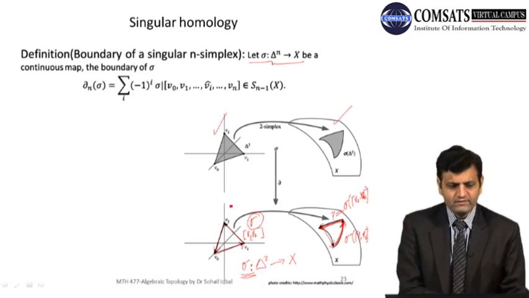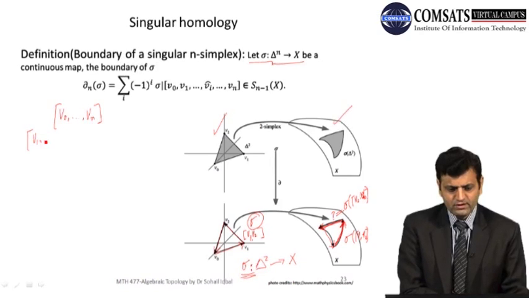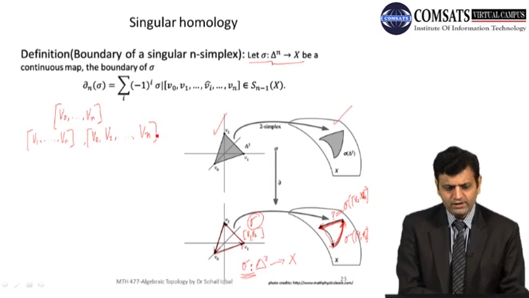In general, if I have a standard n-simplex [v0, ..., vn], the faces are obtained by deleting v0, so it becomes [v1, ..., vn], then deleting v1, so it becomes [v0, v2, ..., vn], and so on, up to [v0, ..., vn-1].